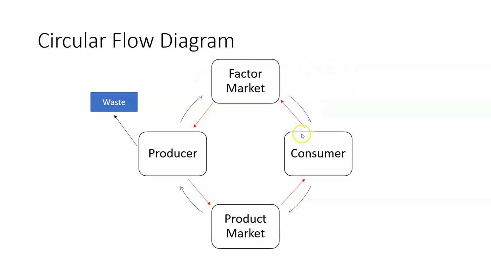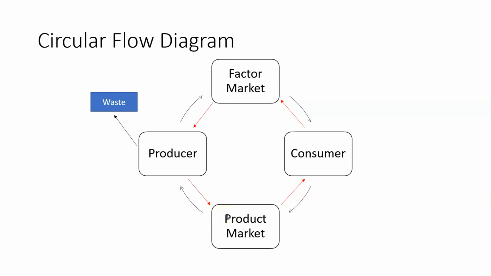So you sell your ability to work, you find a job, you go to work. That's what this line here going from the factor market to the producer is. You work for 8 hours a day, you leave behind a product. The producer then takes that product and sells it.